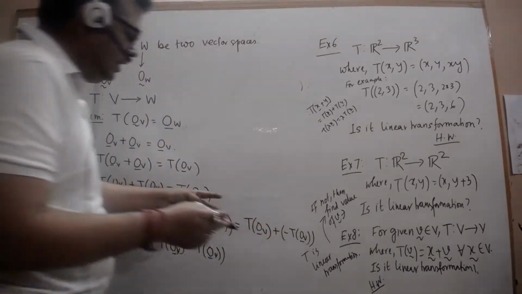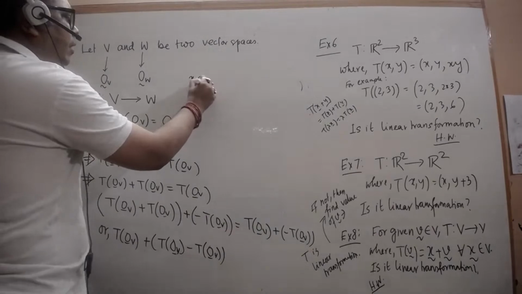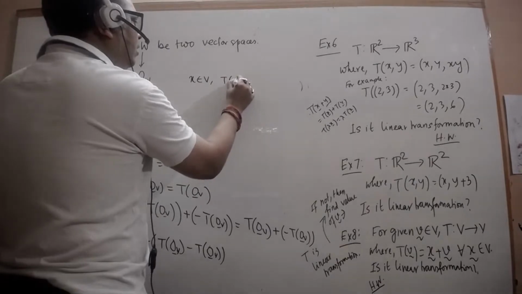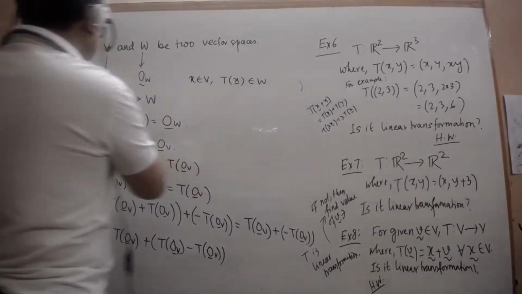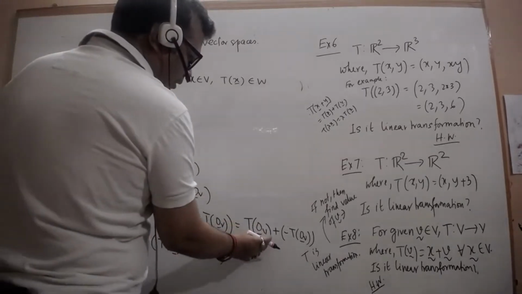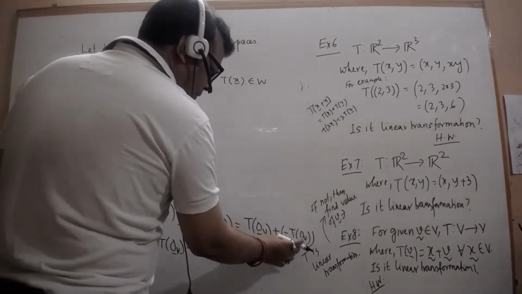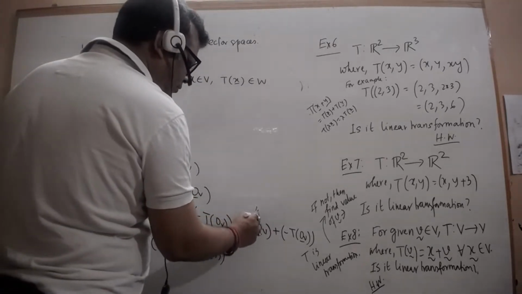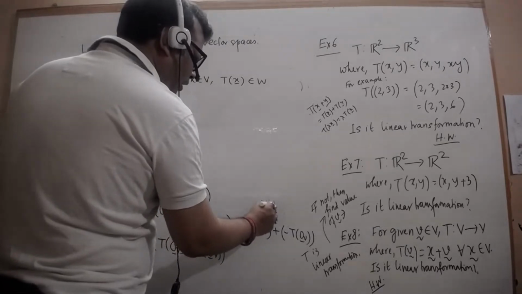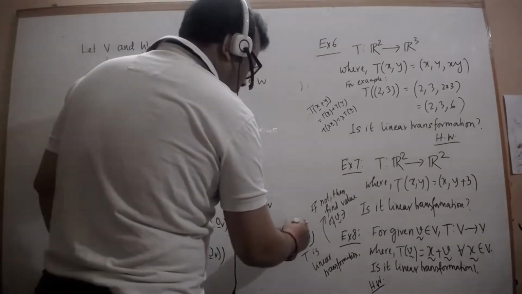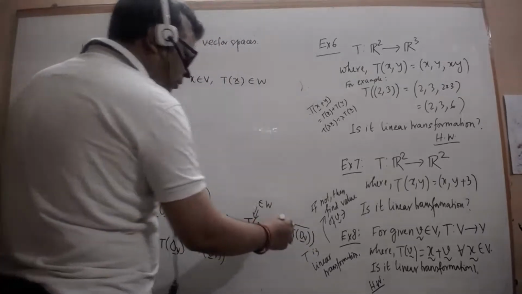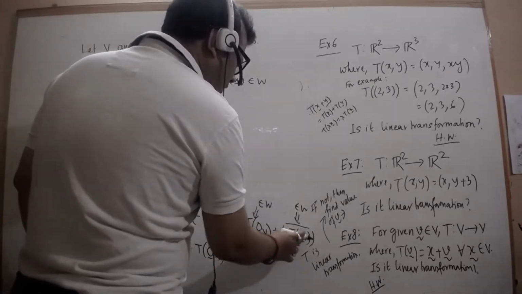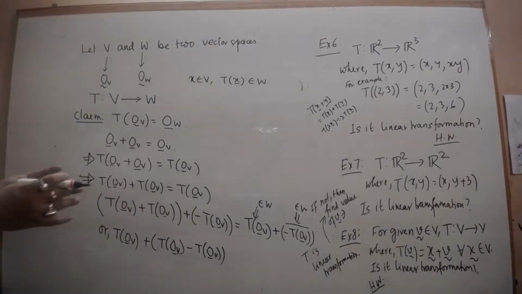Since x belongs to V, then T(x) belongs to W. So T(O_V) belongs to W, and minus T(O_V) again belongs to W, but minus T(O_V) is the additive inverse of T(O_V).